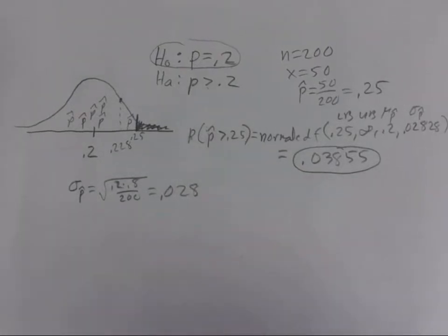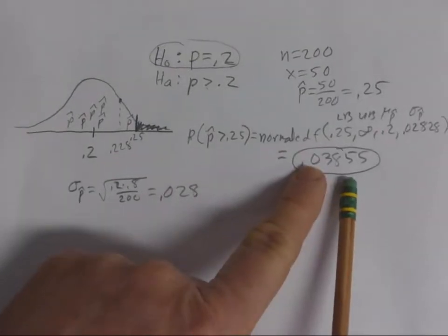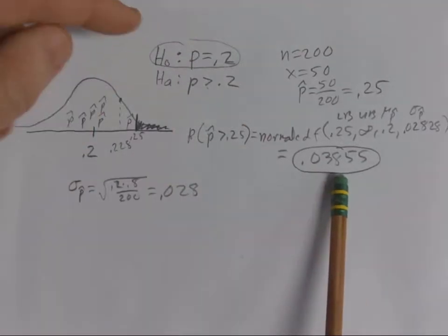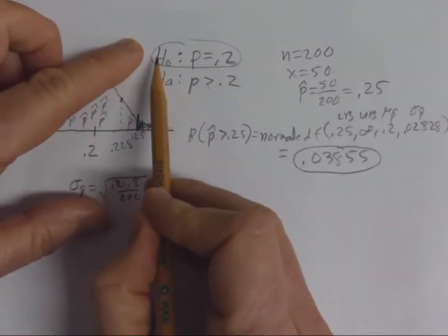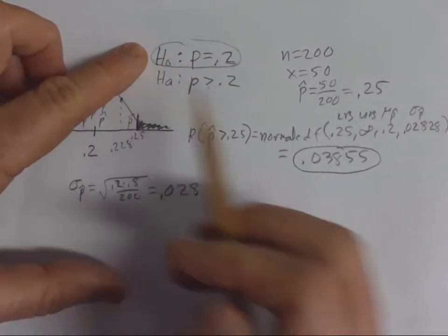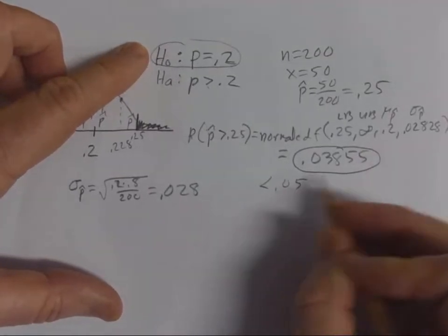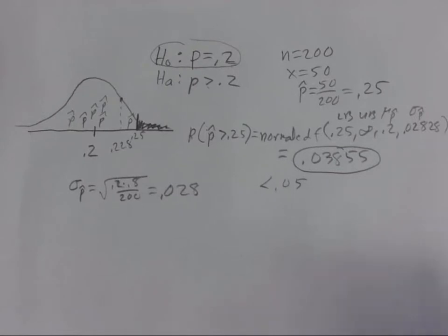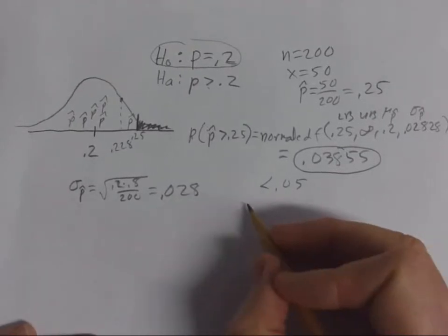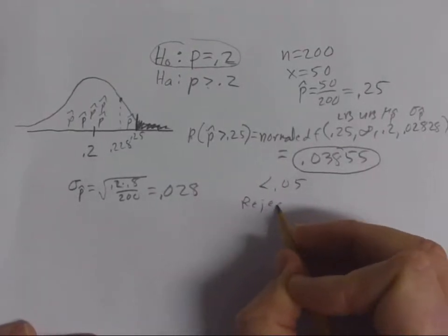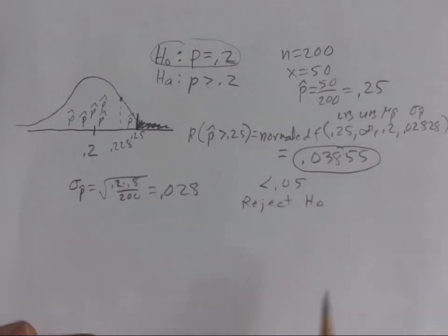That is our p-value. It is the probability we would get a sample value this unusual. And in general, if this number is a low enough probability, it would give us reason to doubt this, or what we're going to say is reject it. Since this value is less than 0.05, which is our general rule of thumb, this would be our alpha value, we would reject the null hypothesis in favor of the alternative.